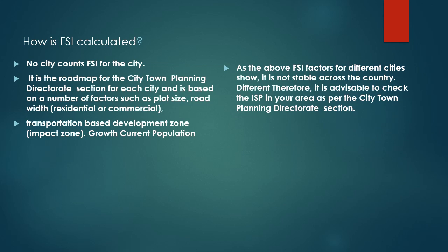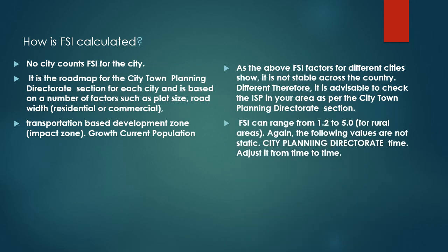As the FSI factors for different cities show, it is not uniform across the country. Therefore, it is advisable to check the FSI in your area as per the City Town Planning Directorate. FSI can range from 1.2 to 5 in urban areas. Again, these values are not static. The City Planning Directorate can adjust them from time to time according to the city's needs.